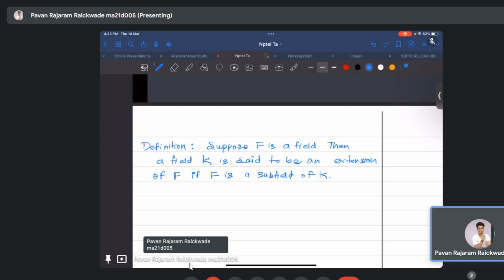Basically, if you have a field f and a field k such that this relation holds, then k is an extension of f. Basically, a superfield kind of thing.